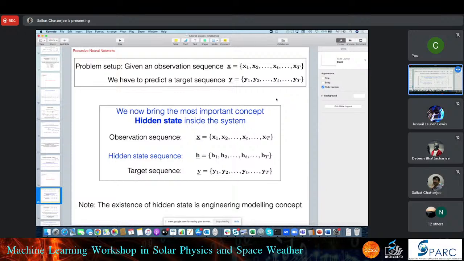Any model that we develop is some kind of a model to explain the signal and the target. So here we are bringing in this hidden state sequence for our engineering convenience. So please be careful that it is actually not true that such a hidden state sequence actually exists in the real system.